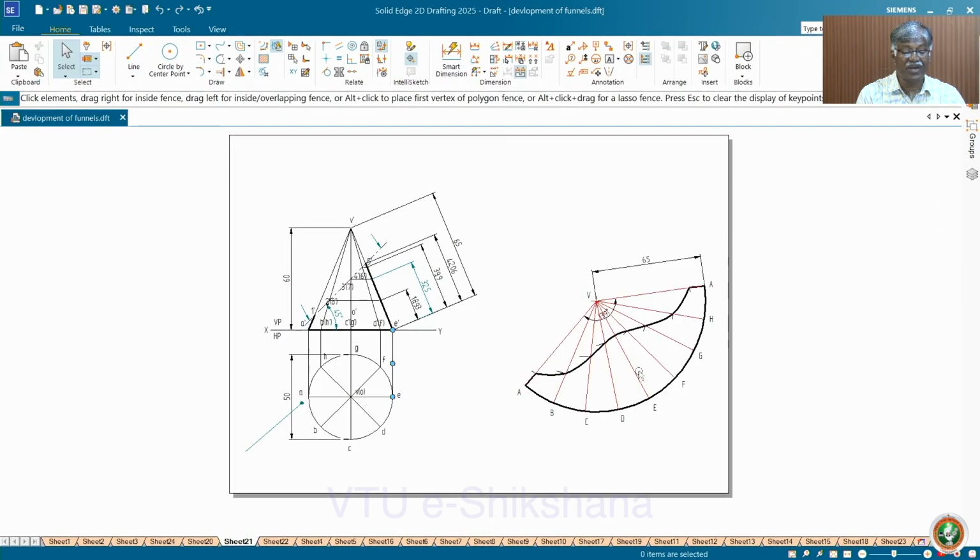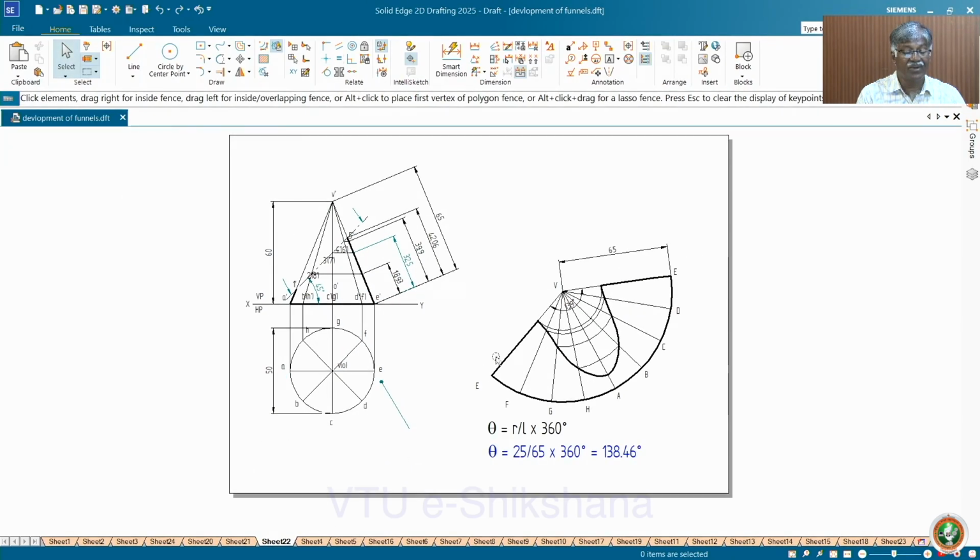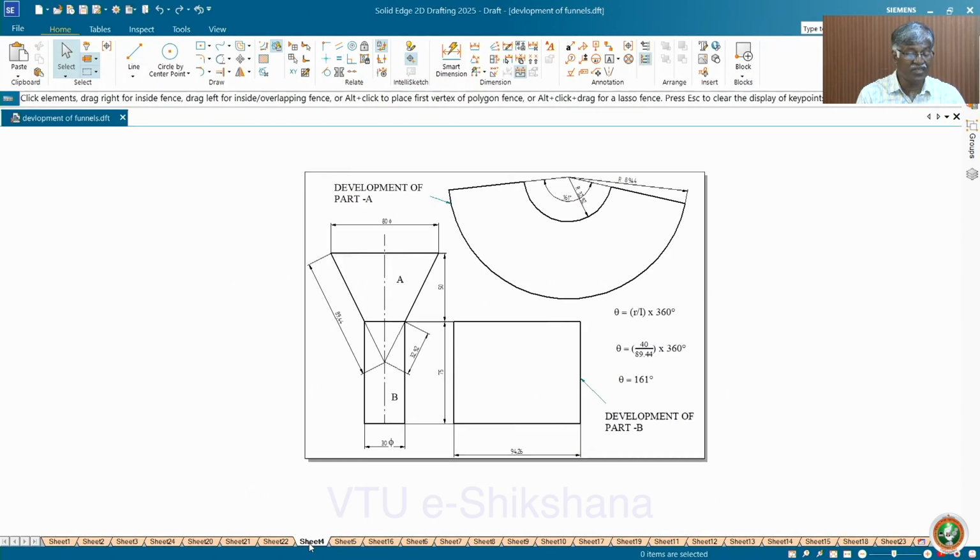Either you get this pattern, or one more pattern if you start from this point or the section plane is the other way around, you will get like this. This is like a necklace. So the identification of those points is very easy, either by drawing arcs or simply cut arcs on the respective generators. Okay. So with this basic information, we can start working one by one.